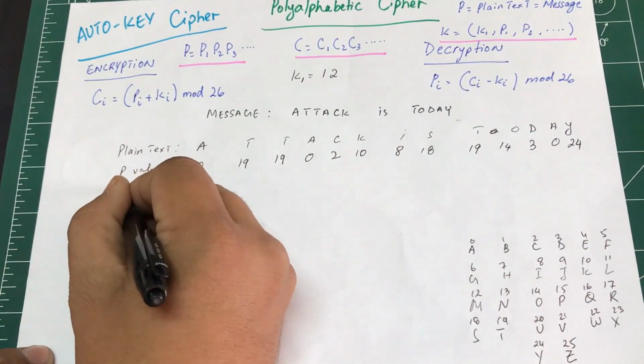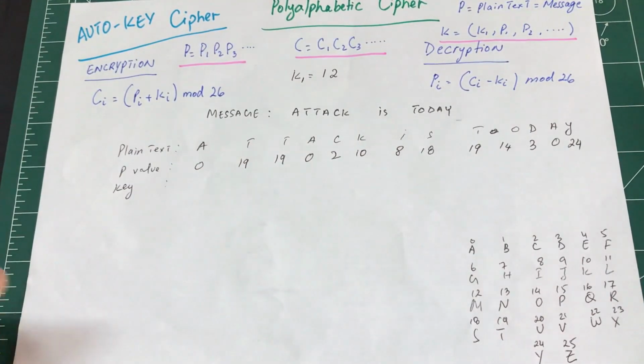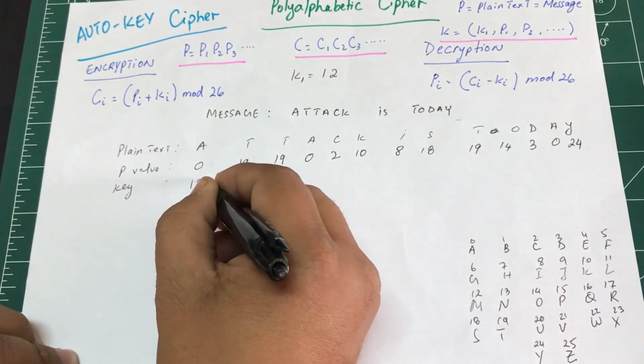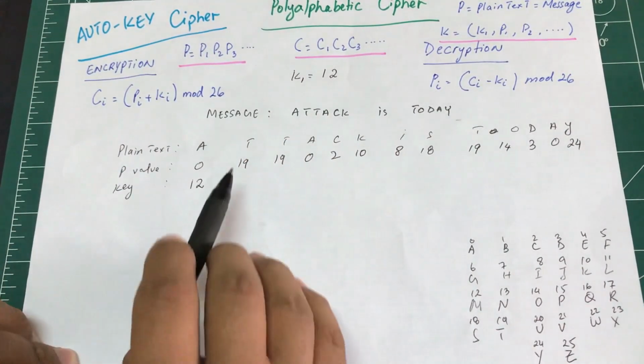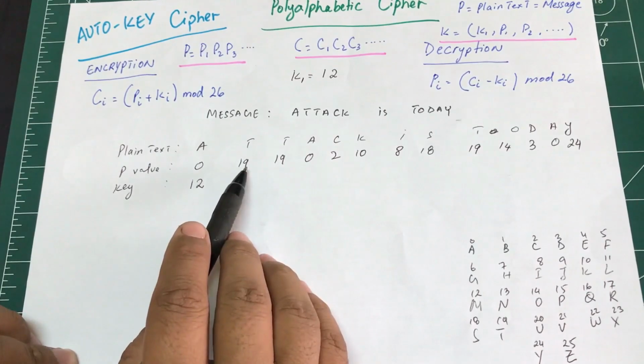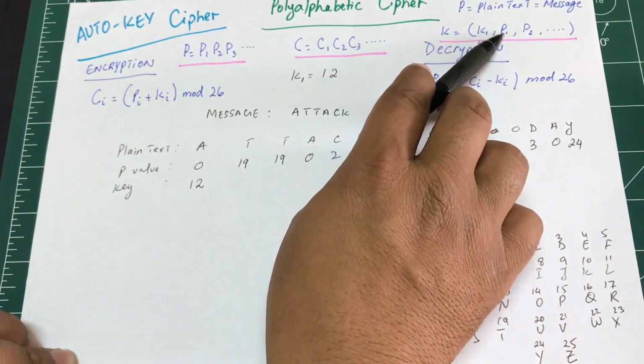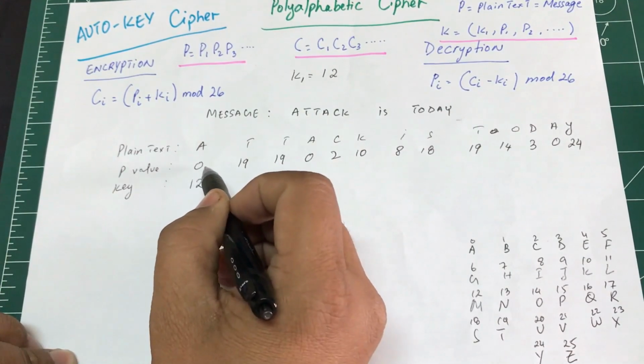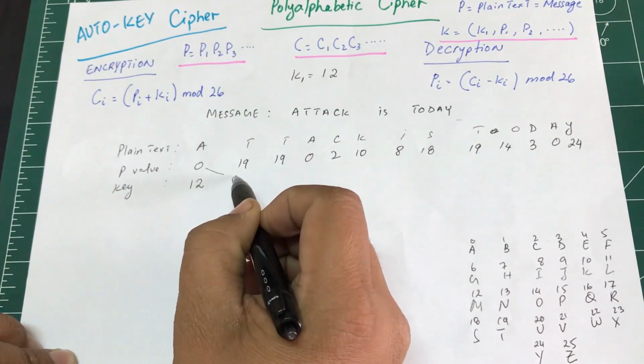Now we're going to generate our key. What is our first initial key? The first initial key is 12, so we write down this 12. Now the key for the next letter, T, is going to be the previous plain text value, P1. P1 was 0, so this comes down over here.